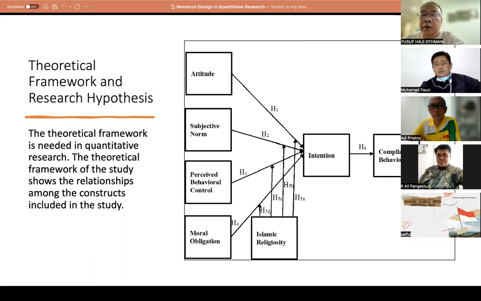The respondents are people who comply with the halal, people who comply with using the halal products. Yeah. So you might want to change your research questions and research objectives.